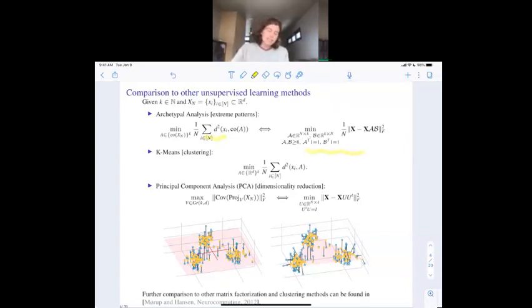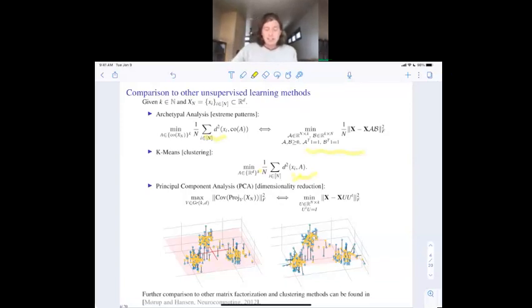In clustering, you're trying to do something slightly different. In clustering, you're looking for prototypical rather than archetypal points. And so you're looking for prototype points, and then k-means, this is the formulation of k-means, written kind of geometrically. I'm trying to find a k-cardinality point set in the same dimension as the data. And I just look at the mean square distance between the data and that point set.